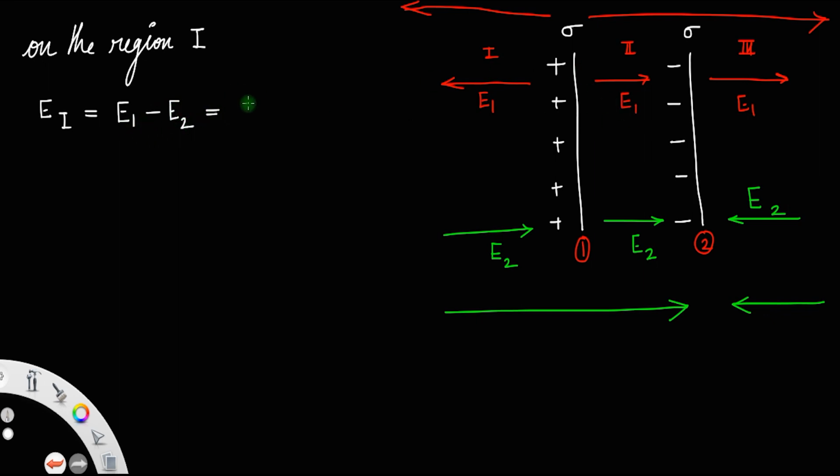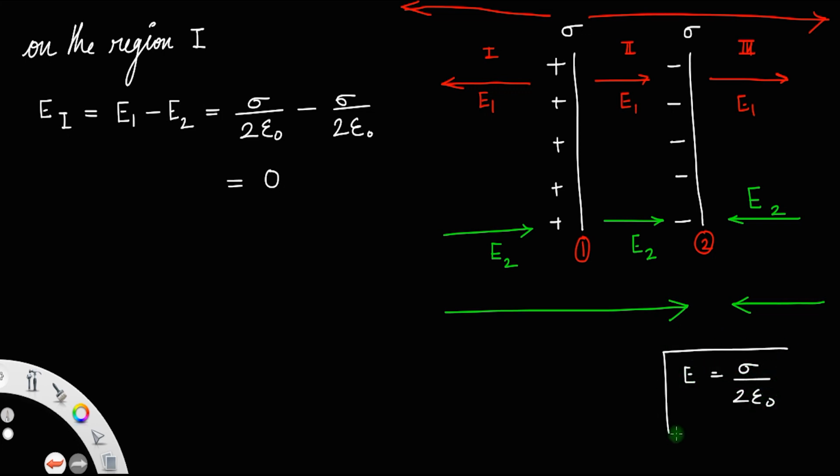E1 equals sigma divided by 2 epsilon 0 minus sigma by 2 epsilon 0, since we have considered both sheets having the same charge density. So this will be 0.